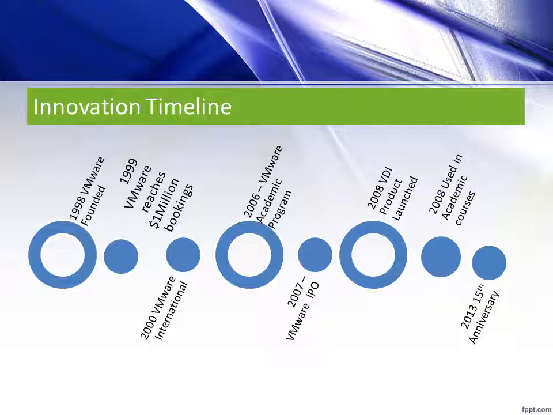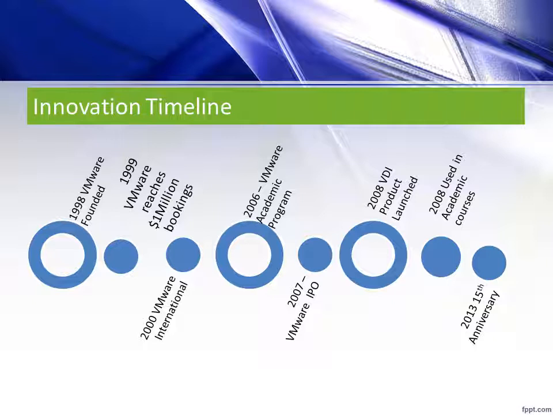VMware initiated an academic focus and started the academic program in 2006. Sales were so strong that the company went public in 2007. Early experimentation was done by a customer, which was Prudential in the UK. They used VMware to create a virtual desktop infrastructure.